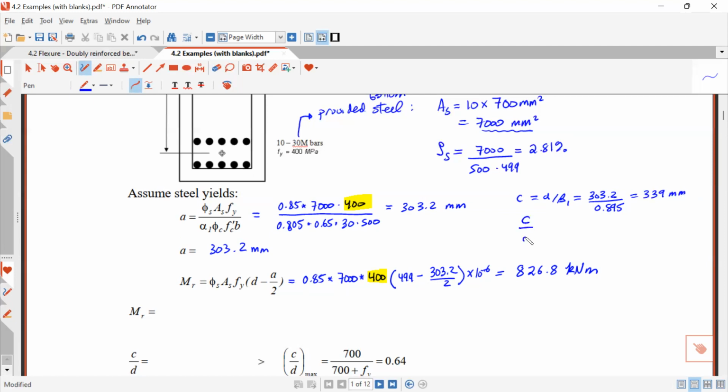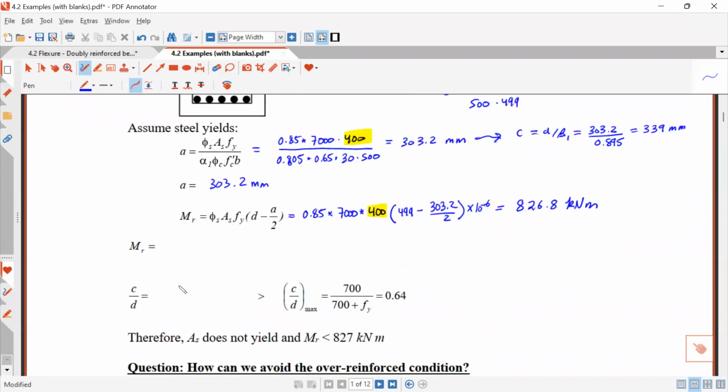And then c over d is 339 over d, which is 499. So if you do this, this is 0.67.